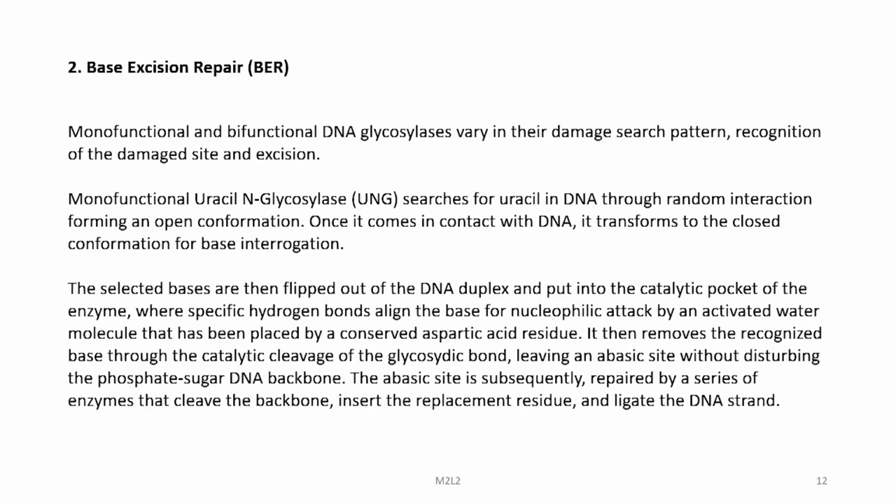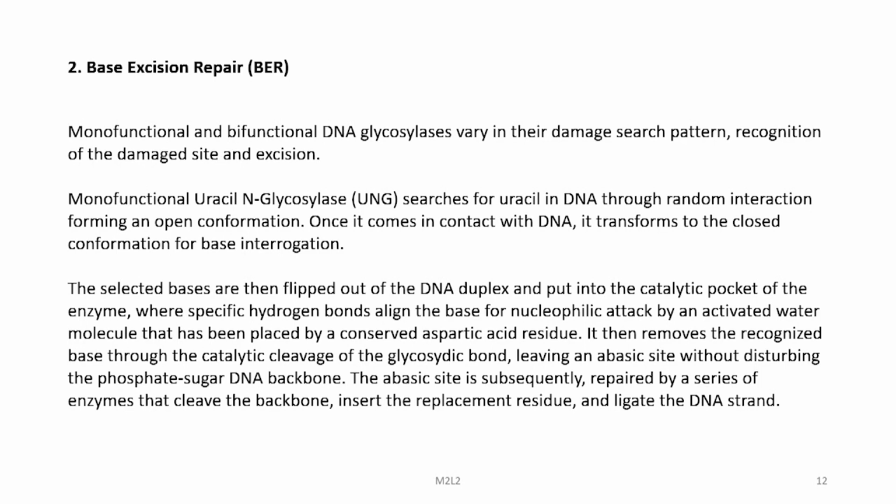Monofunctional and bifunctional DNA glycosylases vary in their DNA damage source pattern, recognition of the damage site and excision. Monofunctional uracil DNA glycosylase, or UNG, searches for uracil in DNA through random interaction, forming an open conformation.